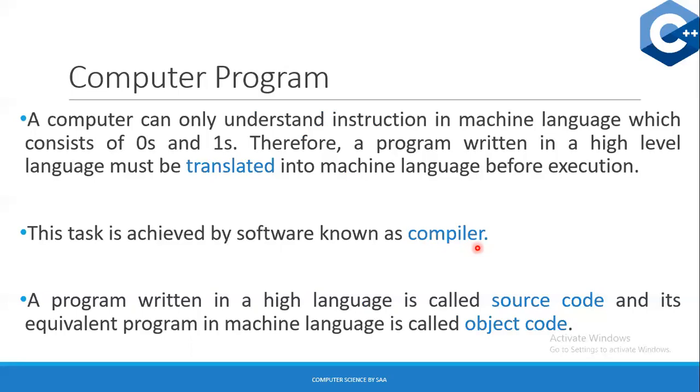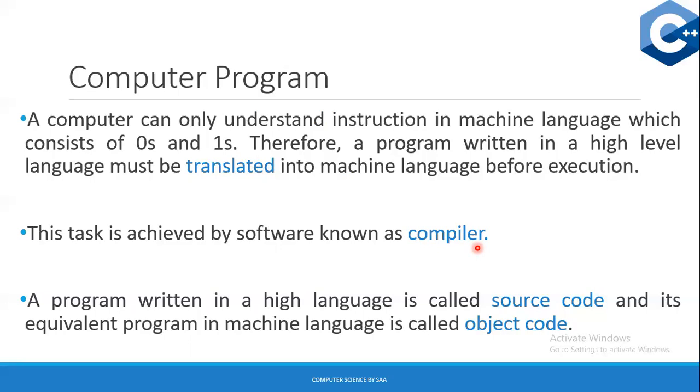It is just like if I want to communicate with some Chinese person, how can I communicate with him? I know two languages, Urdu and English, and the Chinese person only knows the Chinese language. So what will I do? I will hire a language interpreter or translator, some person who knows both languages, Chinese and English.